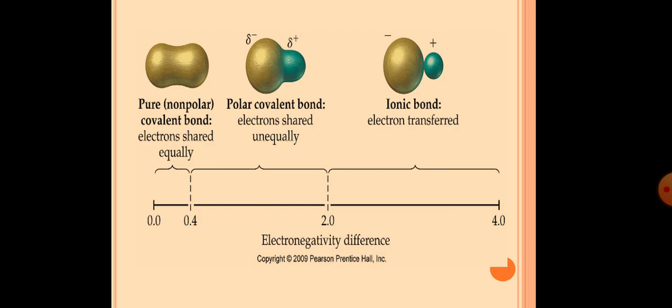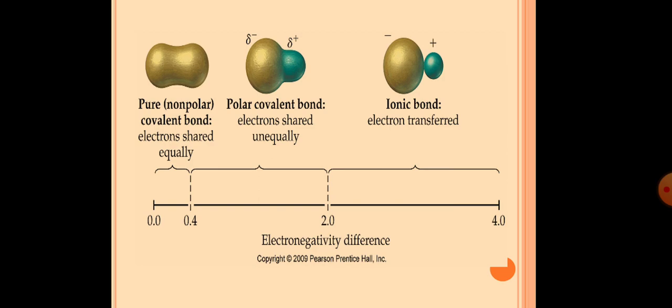When you come to polar covalent compounds, the electronegativity difference is between 0.4 and 2, so they form polar covalent compounds. You have many examples of polar covalent compounds like water, hydrogen chloride, as I already explained, ammonia and hydrogen fluoride. All these are polar covalent compounds.